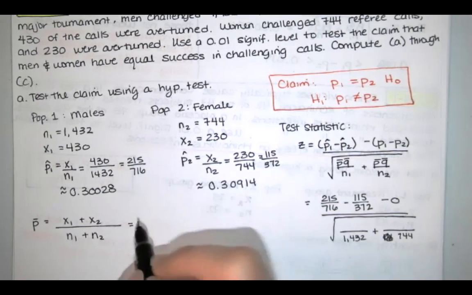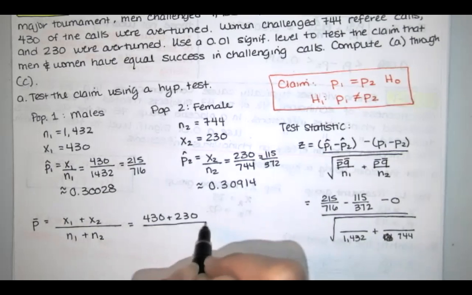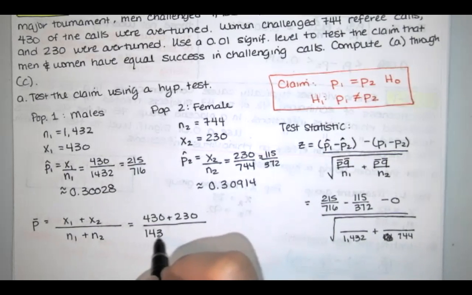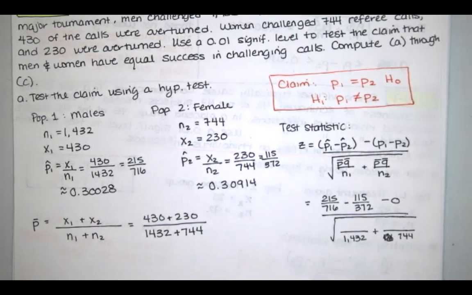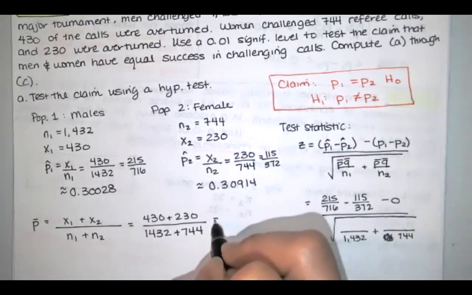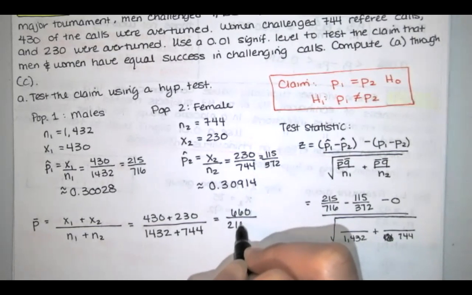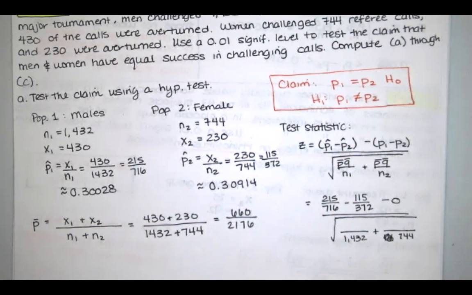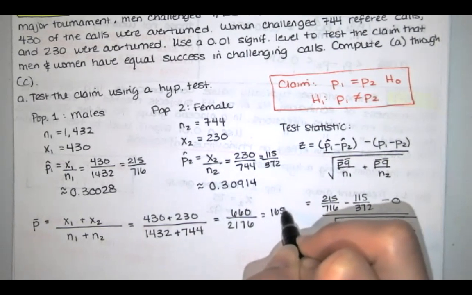So we'll have 430 plus 230 over 1,432 plus 744. So that is 660 divided by 2,176.